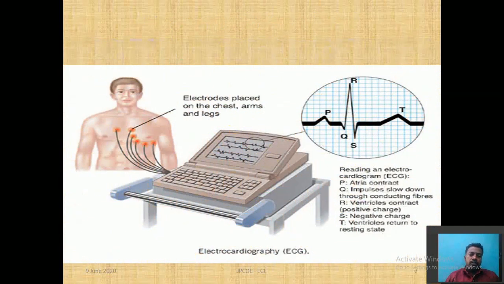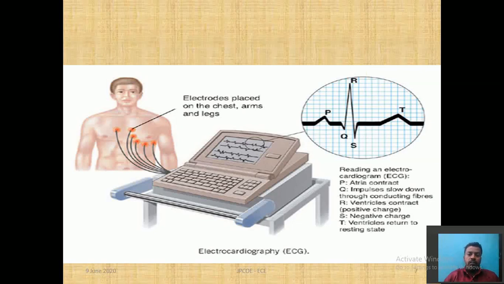So this is one heart cycle, one heart cycle of the ECG signal. P, Q, R, S, T are the important points, or amplitudes or peaks, of the heart. The QRS is a very important thing.